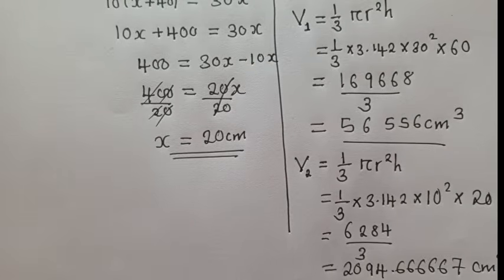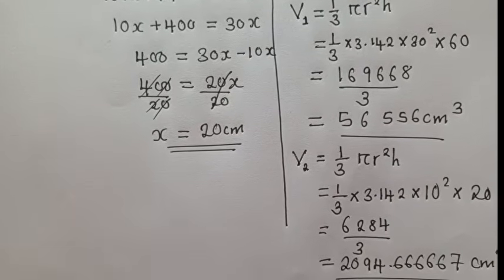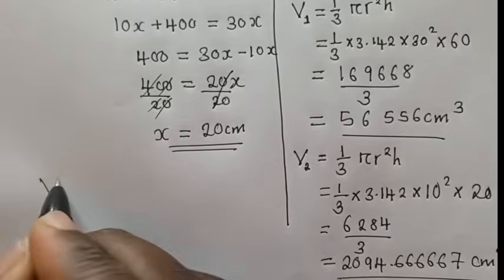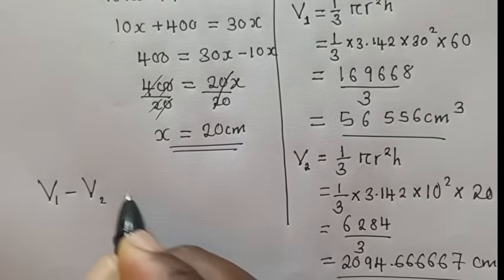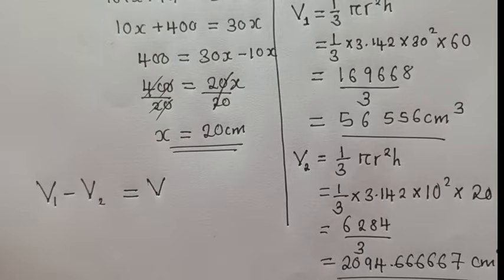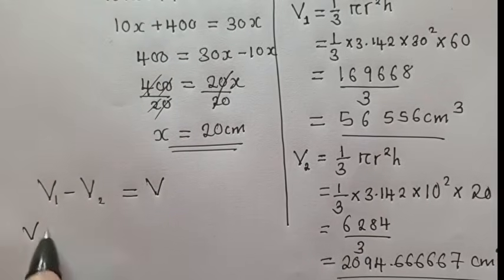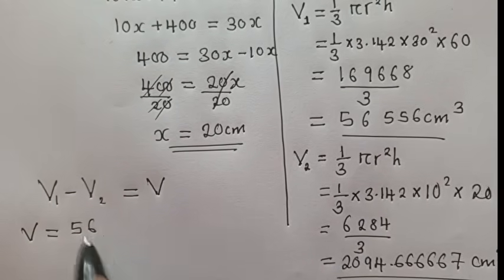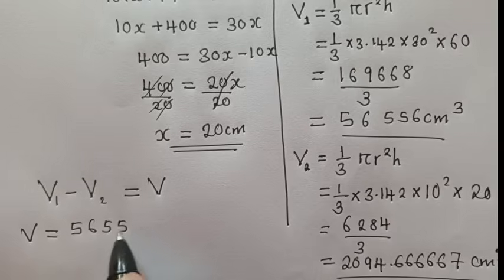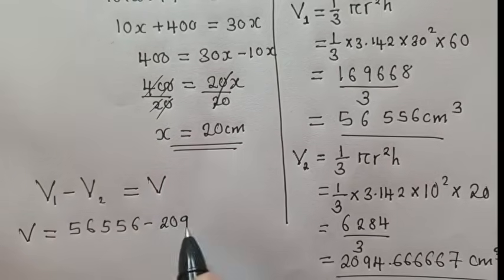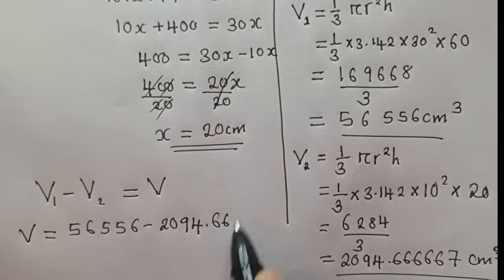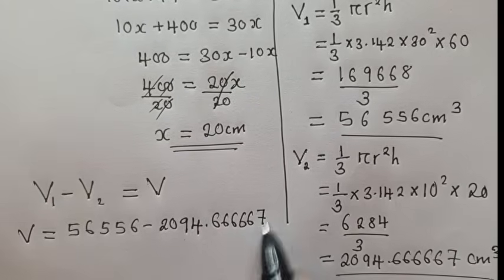Now to find the final answer, we take volume 1 minus volume 2 and we'll get the actual volume we are looking for. So the volume is equal to 56556 minus 2094.666667.